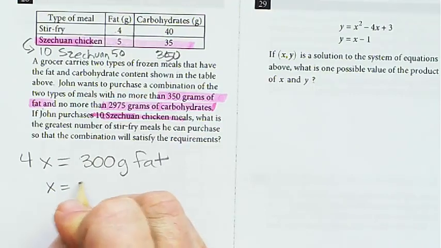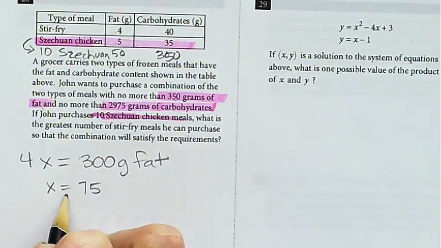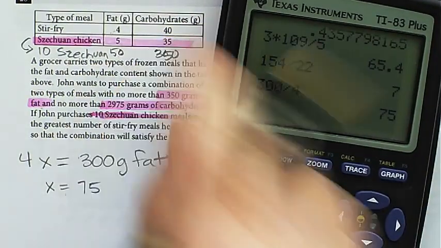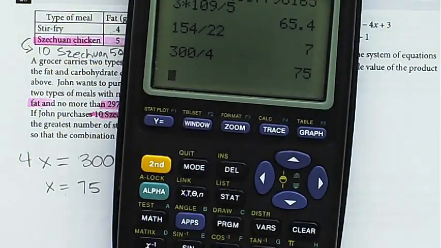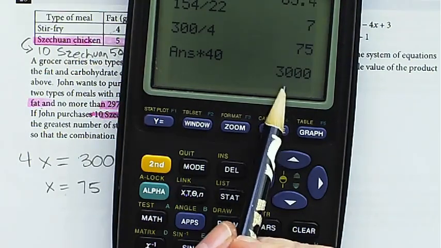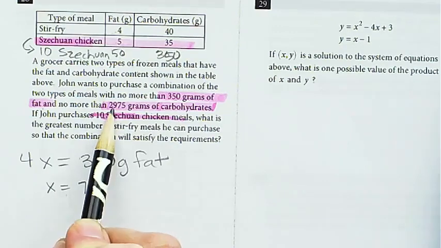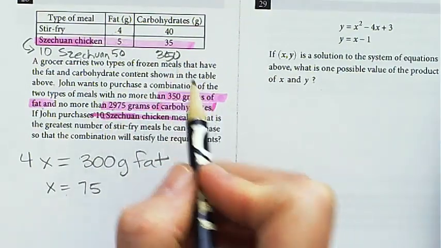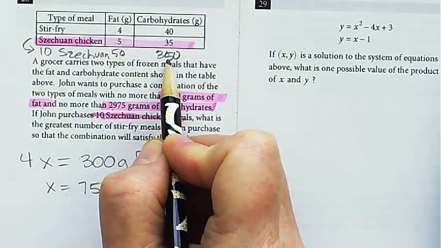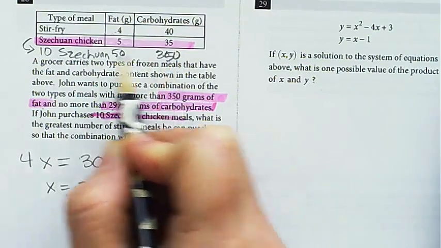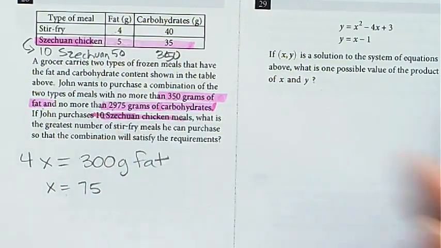Okay. If he gets 75 of these meals, 75 times 40 is 3,000, but he only wants 2,975 grams of carbs, and he's already going to get 350 grams of carbs with the 10 Szechuan meals.